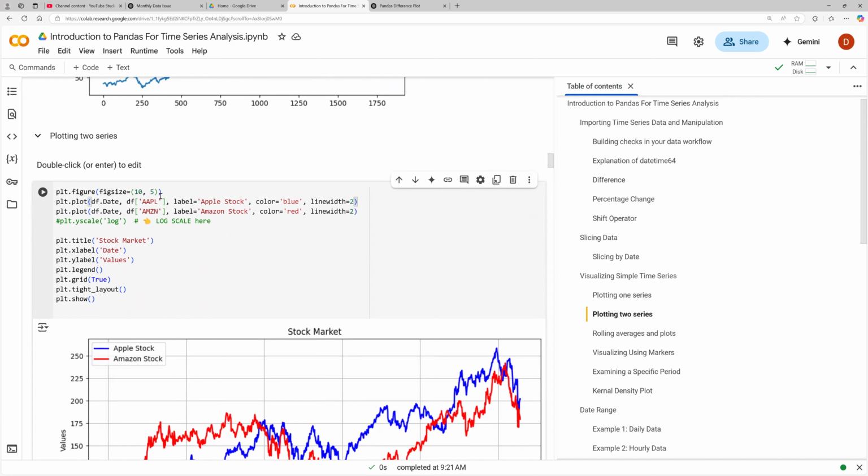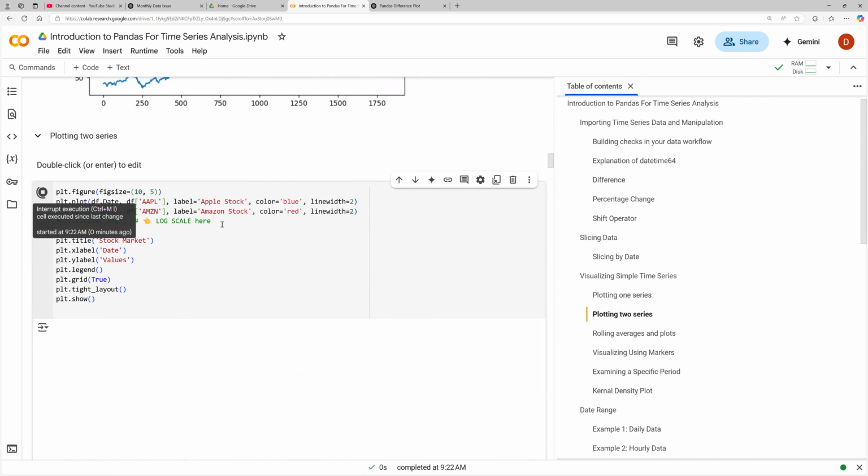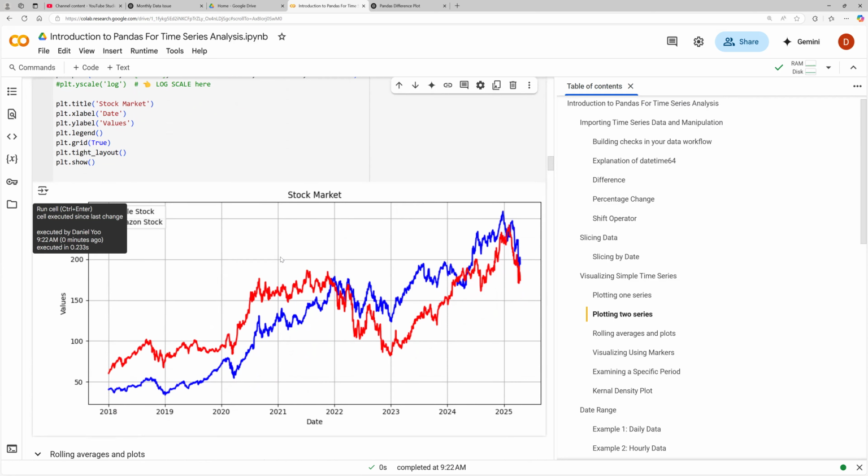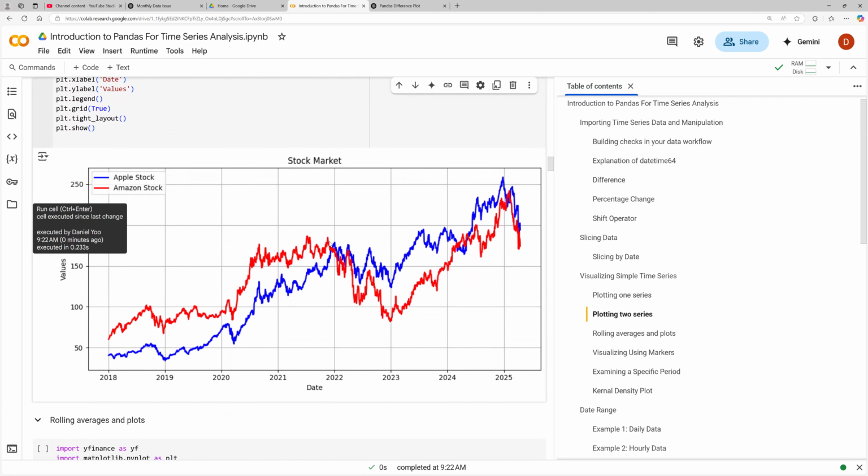Then you could label it and give it different colors and line widths. These two stocks are almost tracking each other, which is pretty interesting. It could be the influence of the overall market movements that influence both of these stocks simultaneously.